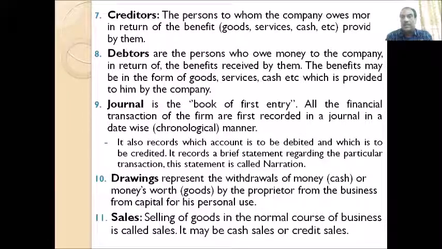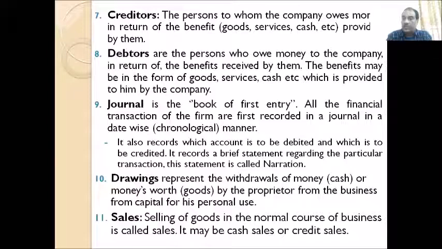Then journal. Journal is the book of first entry. When we go for any transaction, the first entry is made in the journal. So it is also known as the book of first entry. All the financial transactions of the firm are first recorded in a journal in a date-wise or chronological manner, means as and when it occurs. It also records which account is to be debited and which is to be credited.